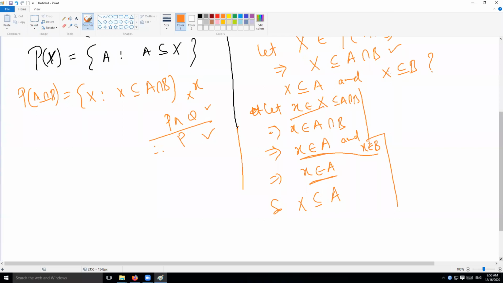Why must X be a subset of B? This seems trivial, but you have to write it out.